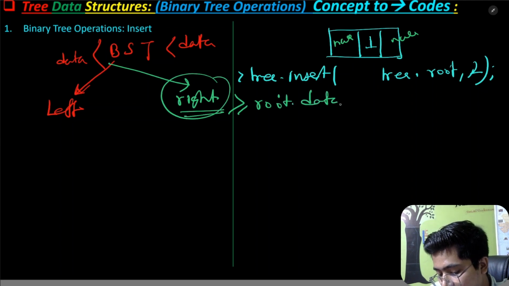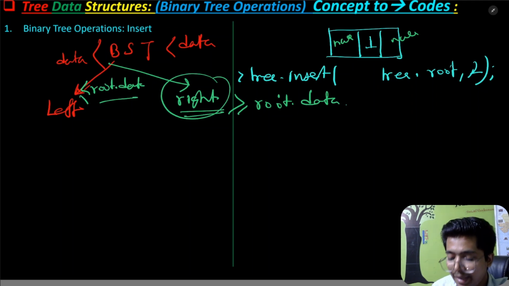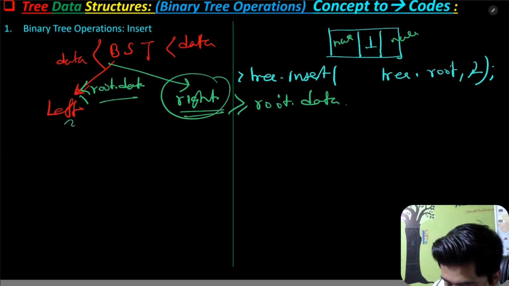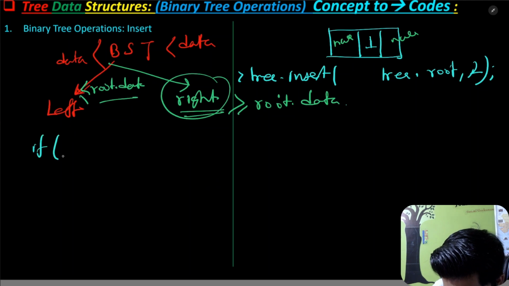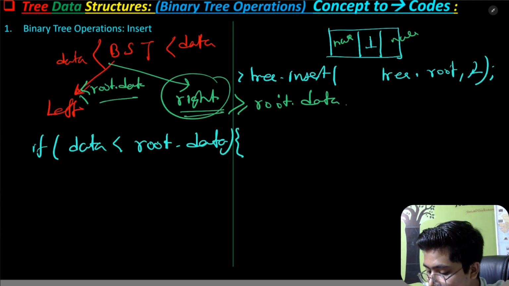And the left will always be lesser than the root dot data. So now we'll be applying this condition, we'll be checking those conditions. So for that we'll be writing if the data value that we have passed, if data less than root dot data, then we'll be inserting a new node in this part.